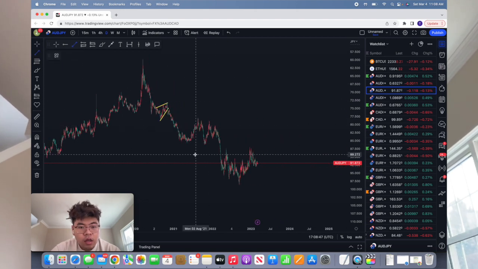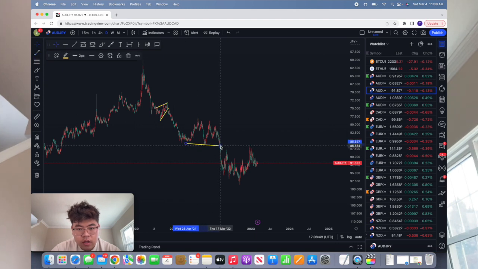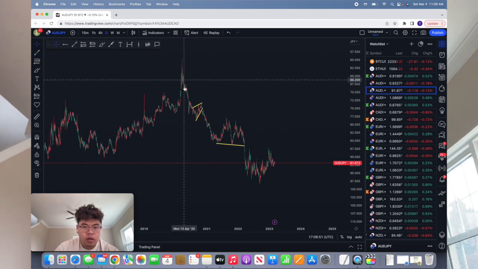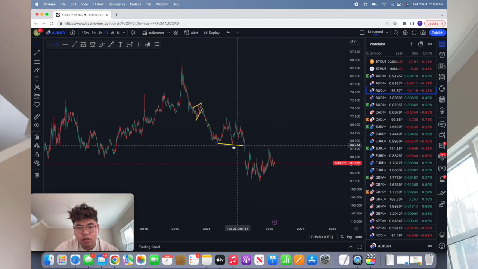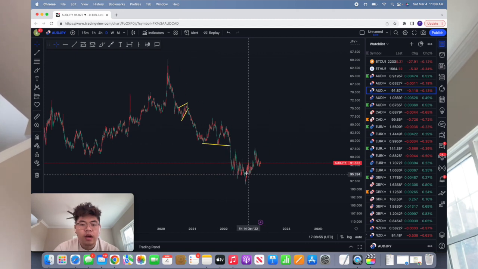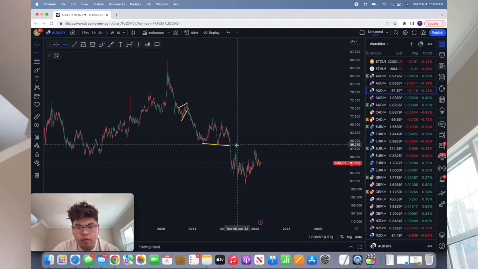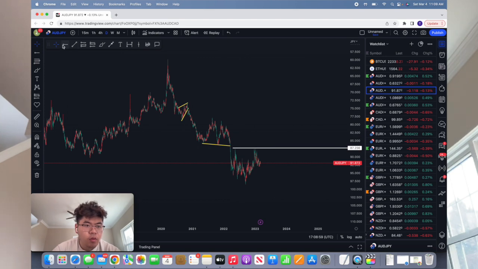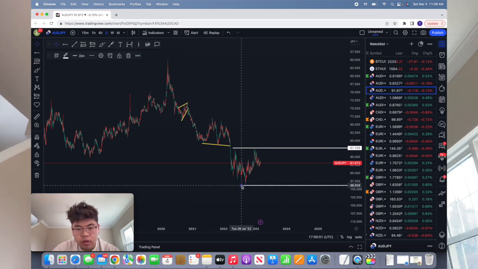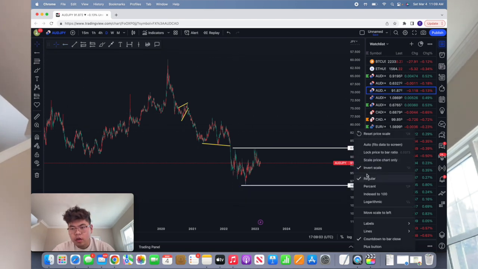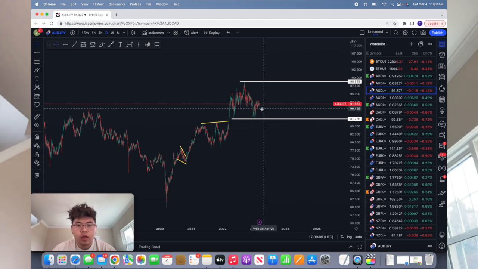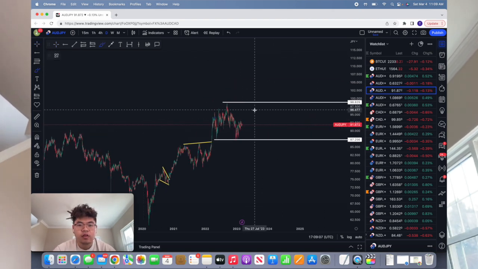But anyways, we can see where it's going: impulse, correction, continuation, correction, continuation. Right now, it's more of a no man's zone that I wouldn't look to enter for commitment. It's something that I would just wait until it gets out of this zone.